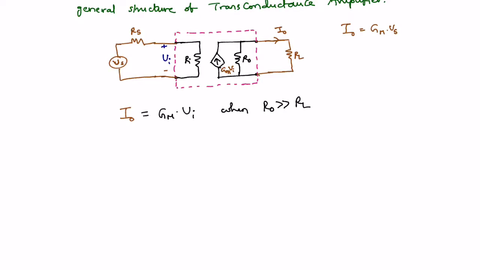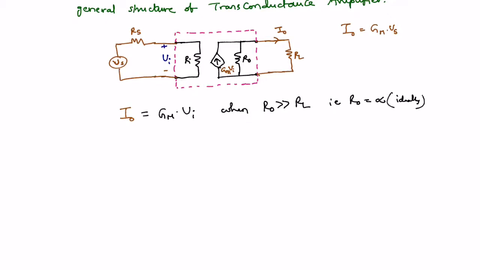According to the current division rule, more current flows in the lower resistance. So if RL should take the maximum current, R naught should be very high. Then the load resistance can be anything; irrespective of RL, the generated current always goes into the load. So the ideal value of R naught is infinity.